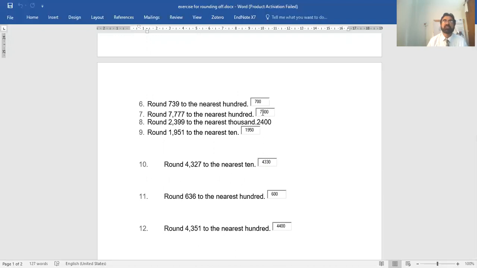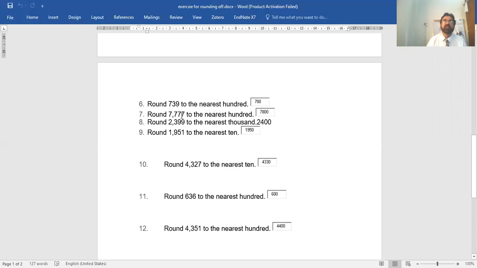7777, it will become 7,800. You have to remove this one and add 1 to this. 7,800 to the nearest 100.